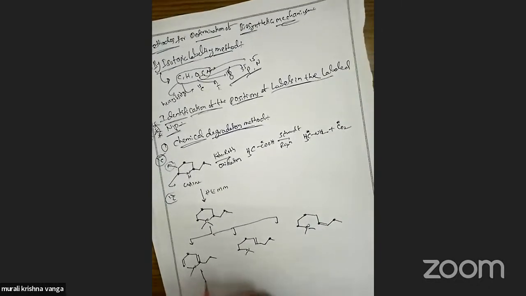These are the products obtained in the Hofmann degradation reactions. Taking one compound, I undergo further degradations.